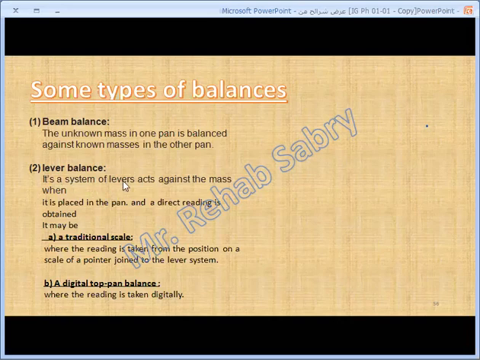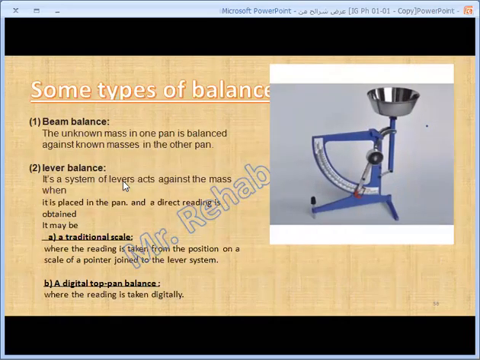Let's see the shape of the lever balance. This one is called the traditional scale. You know the scale is a balance, especially the balance with one pad, the balance that you stand on to see your weight, or your mass, in malls and pharmacies and so on.